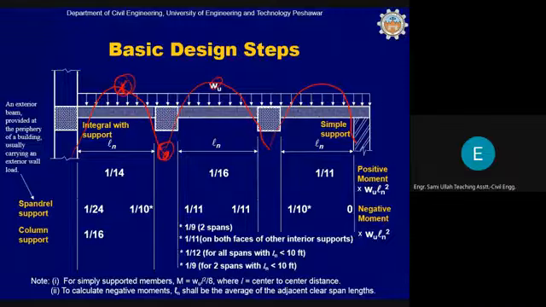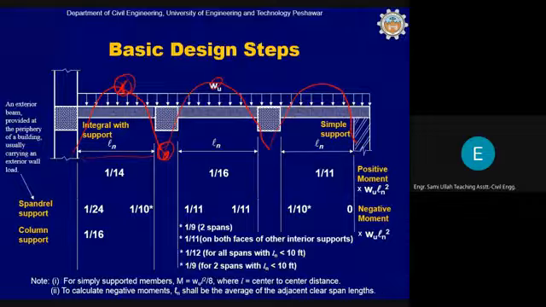So 1 over 14 is the mid-span positive bending moment value, which will be given to you from the approximate analysis directly without analysis. For example, if you want to know the bending moment for the first span, you will have to multiply 1 over 14 by WU, which is this uniformly distributed load, and Ln squared, which is the length of the first span.